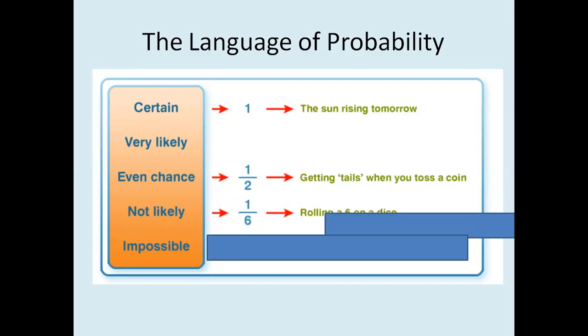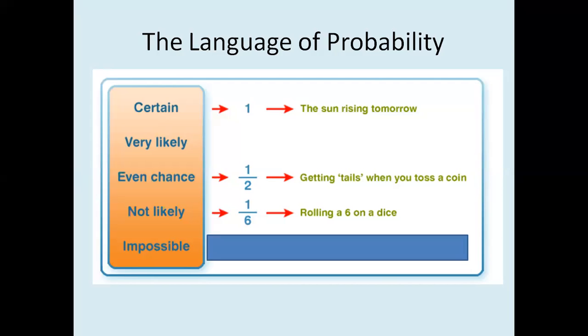Not likely, like 1/6, for example. If you roll a dice, rolling a 6, getting number 6 from the dice is 1/6, because on the dice, we just have the numbers from 1 to 6. How many 6s do we have? Only 1 six. So it's 1 out of 6 faces of the dice.